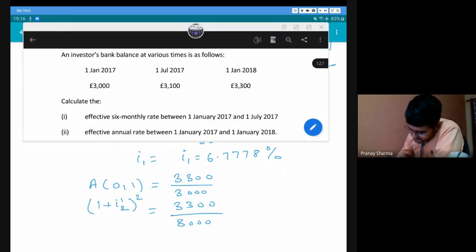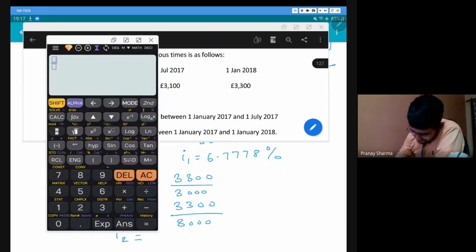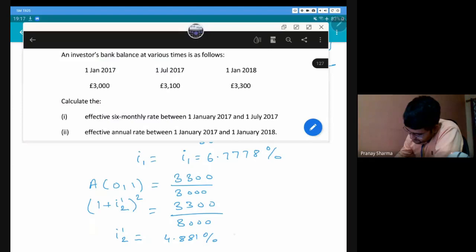So my I dash 2 will be 3300 by 3000. I will take root, answer, and my I dash 2 is becoming 4.881% per 6 months.